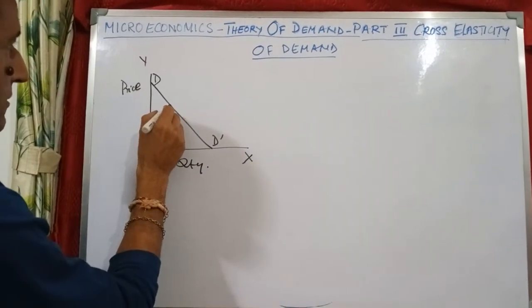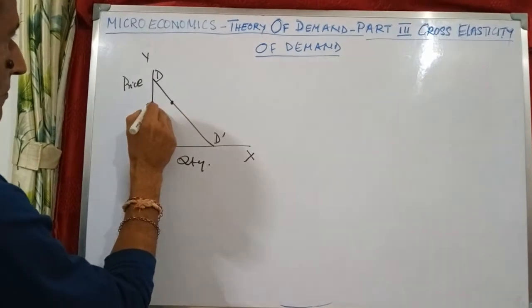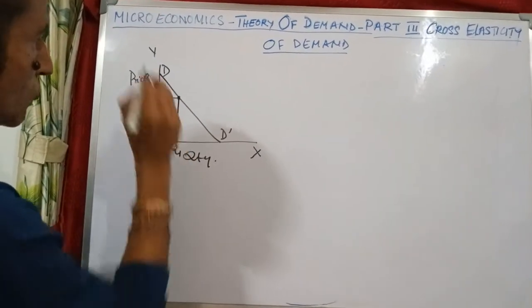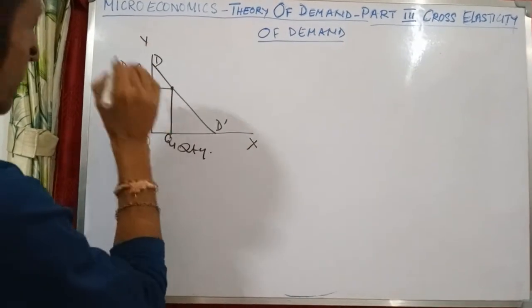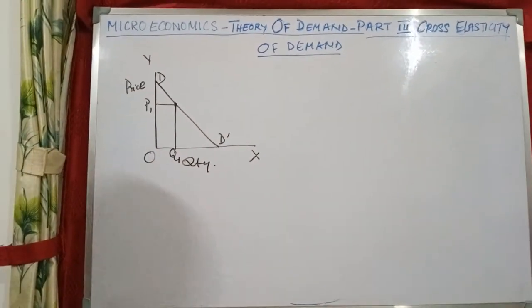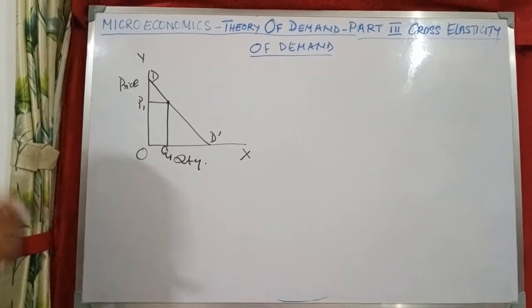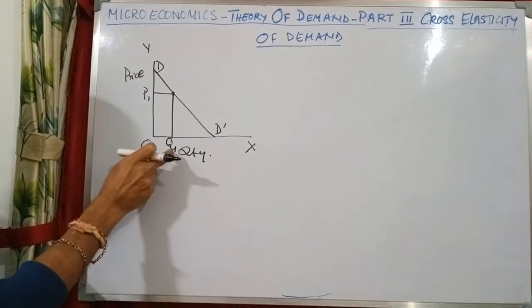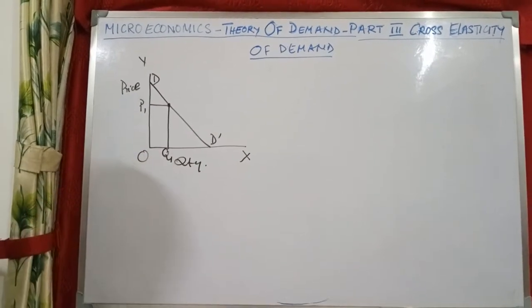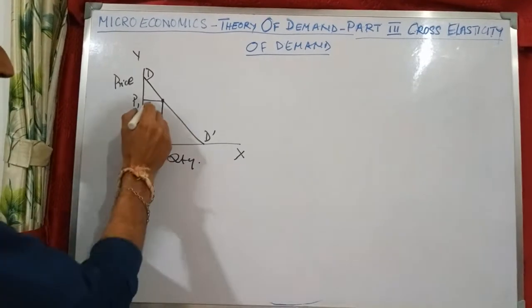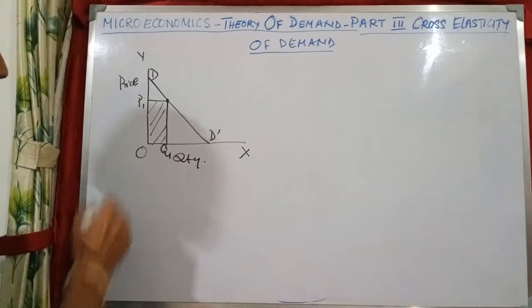Say the consumer is purchasing OQ1 units at OP1 price. This means that the consumer is maximizing his satisfaction by consuming OQ1 units when the price of the commodity is OP1 per unit. And his total expenditure is the area of this rectangle.